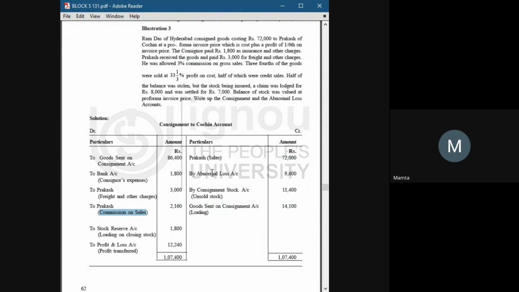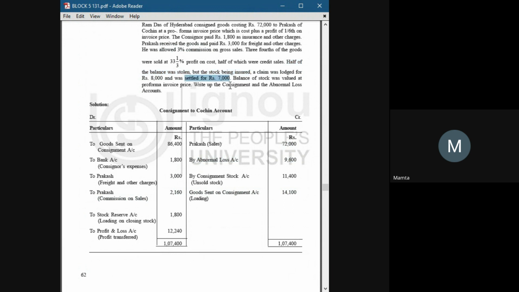The loss also, we have faced some loss. So abnormal loss account debit to consignment, 9,600, because half of the balance was stolen but the stock was insured. A claim was lodged for rupees 8,000 and was settled for 7,000.